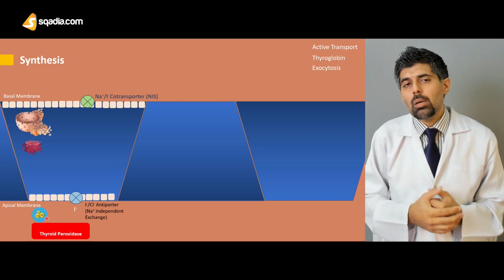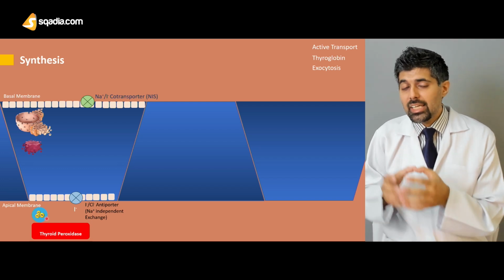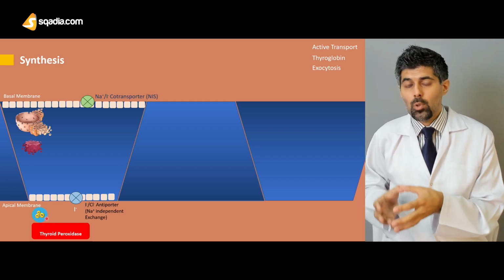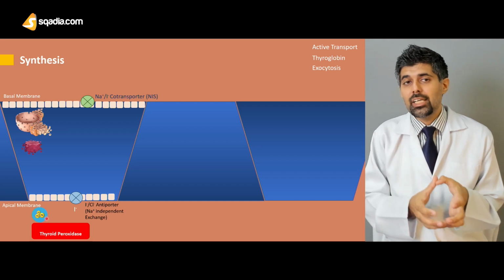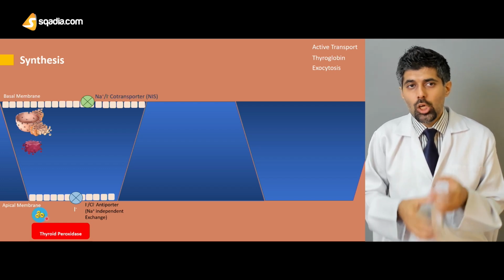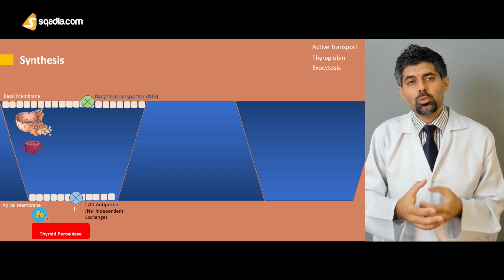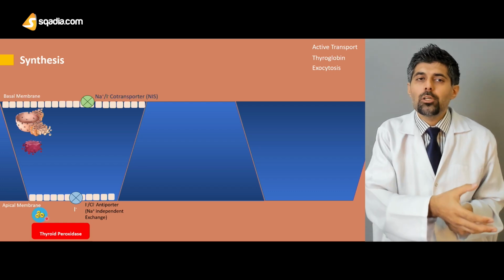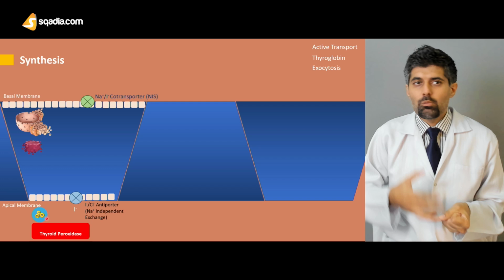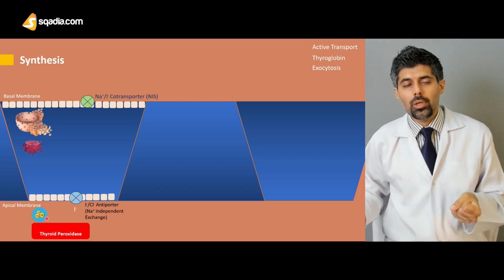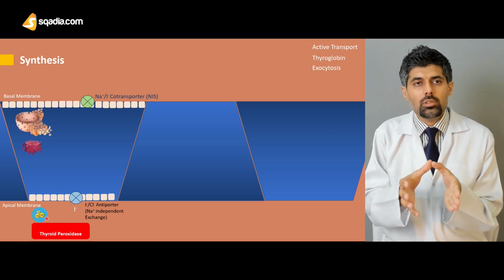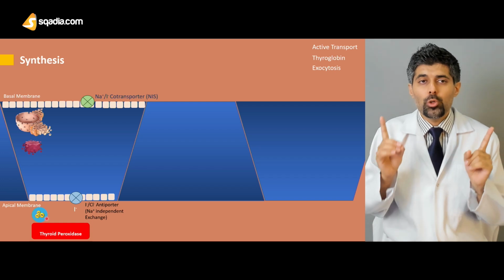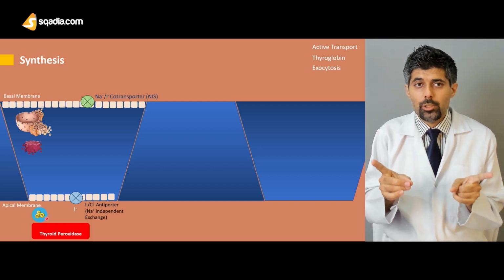Being an aromatic amino acid, it contains the benzene ring, or more particularly, the phenol group. So iodine starts to attach to the benzene group of the tyrosine found on the thyroglobulin. But one tyrosine can only hold two iodine molecules.